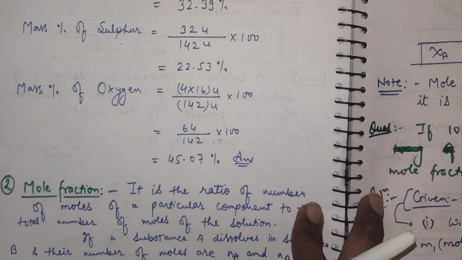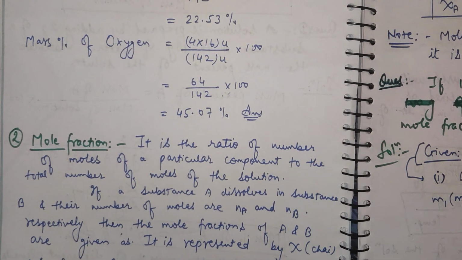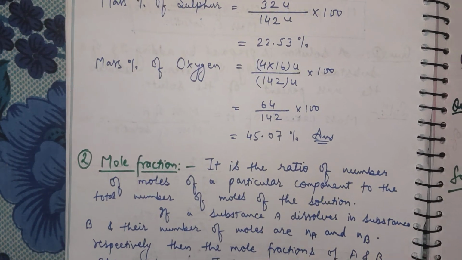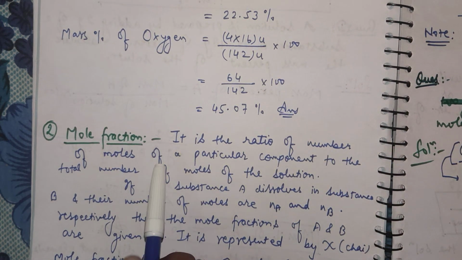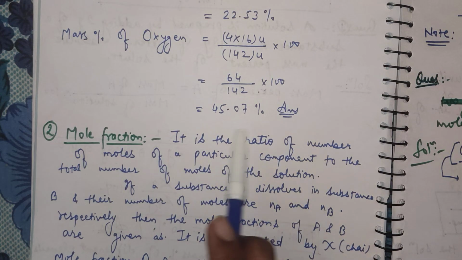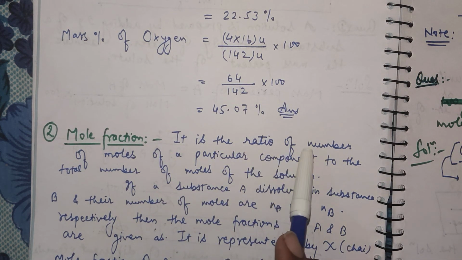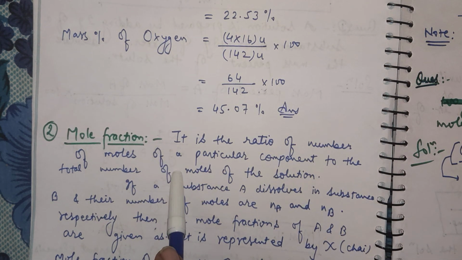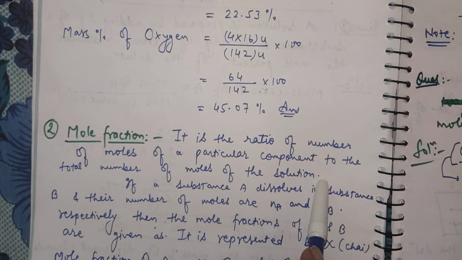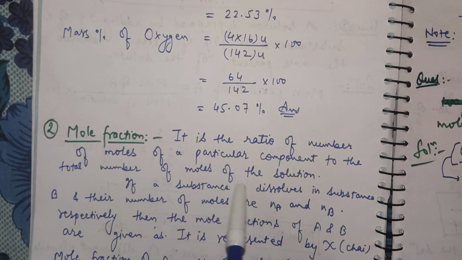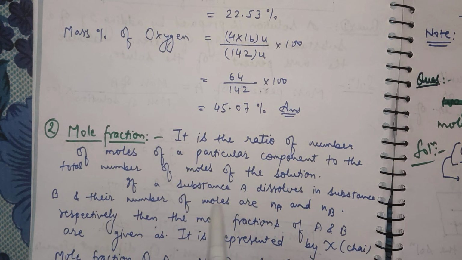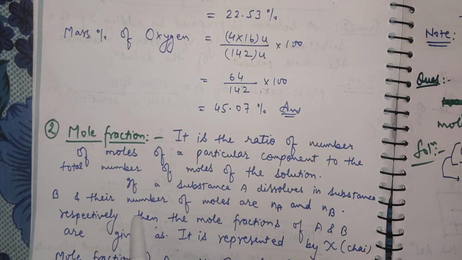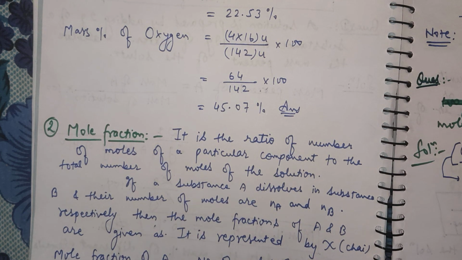Now come to the next concentration term, that is mole fraction. What is mole fraction? It is the ratio of the number of moles of a particular component to the total number of moles of the solution. If a substance A dissolves in substance B and their numbers of moles are Na and Nb respectively, then the mole fractions of A and B are given as follows.